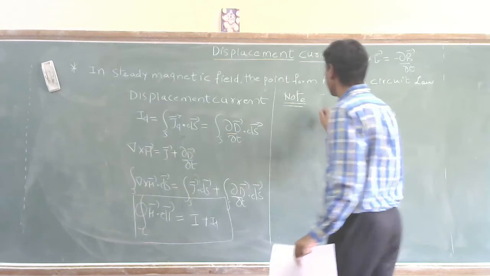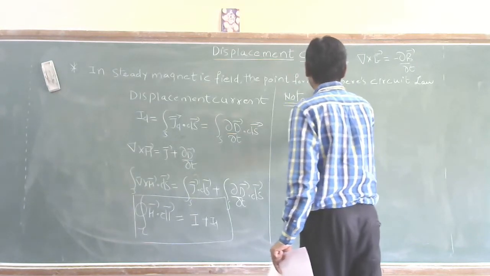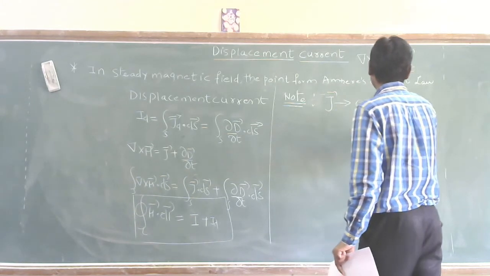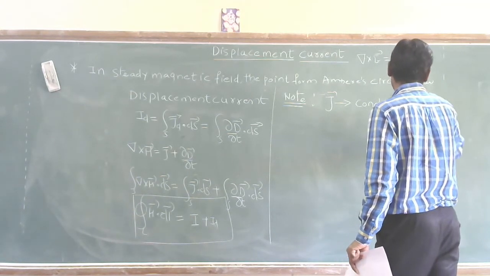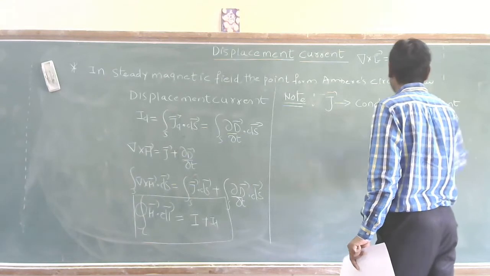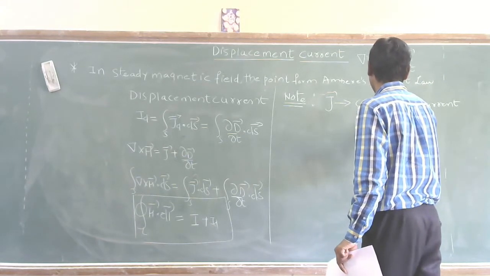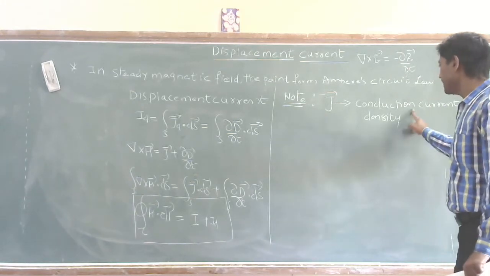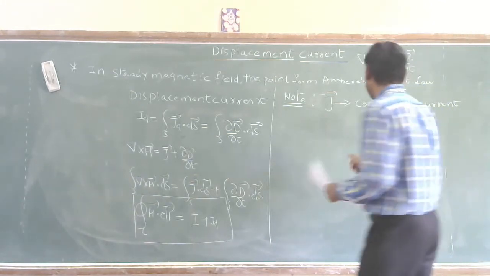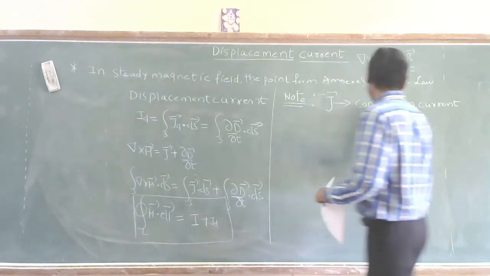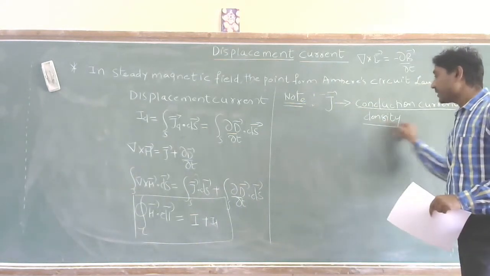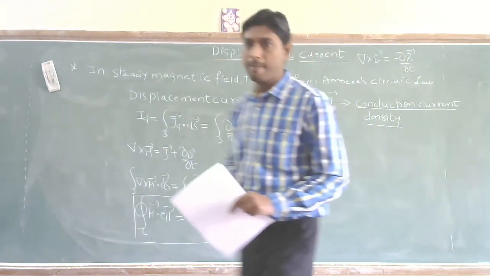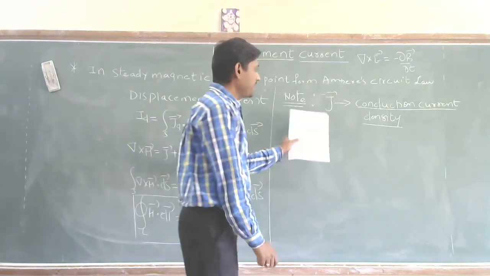We should make a very clear note: J denotes conduction current density, that is, the current density in a conductor.